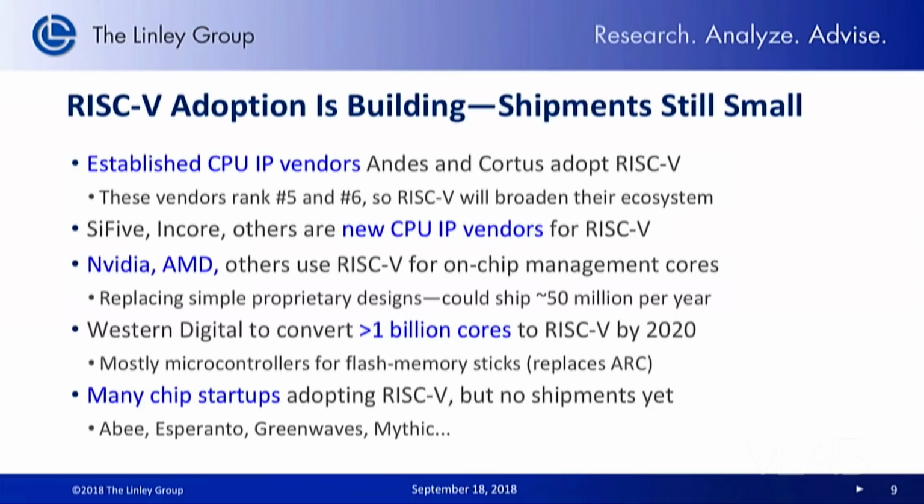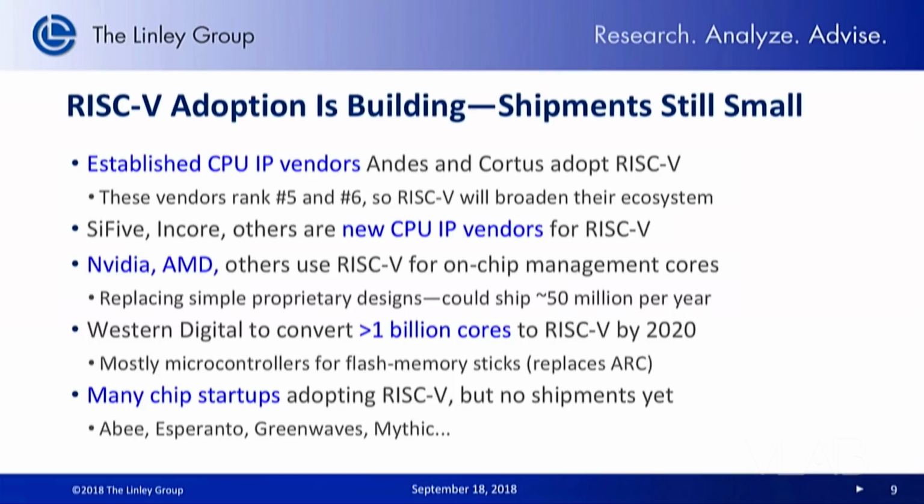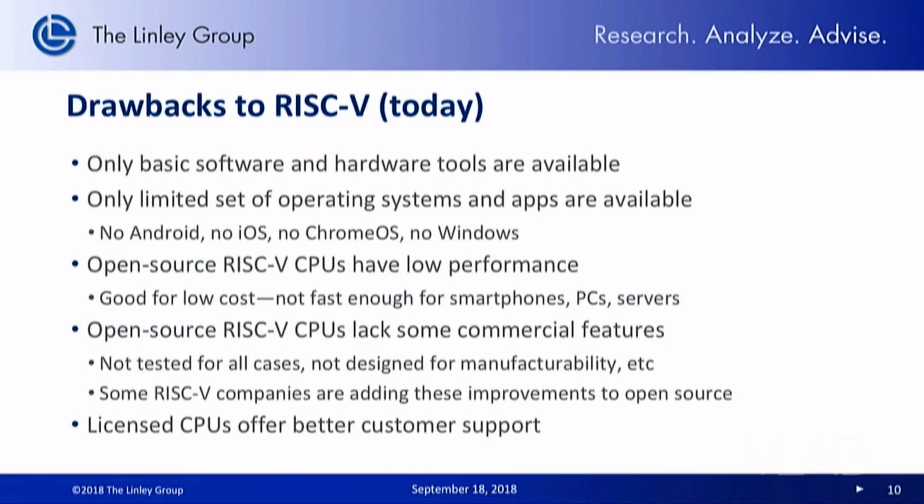And Western Digital has committed to switching all of their products over to RISC-V over the next few years, and that could total over 1 billion cores per year. 1 billion is a big number, but if you recall from the previous chart, that would be a couple percent of the overall CPU market in and of itself. So that would be a good start. And then we also see a lot of smaller companies attracted to RISC-V so that they can customize it and build innovative products.